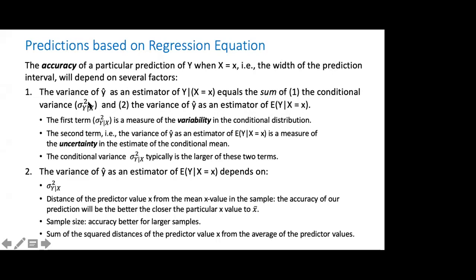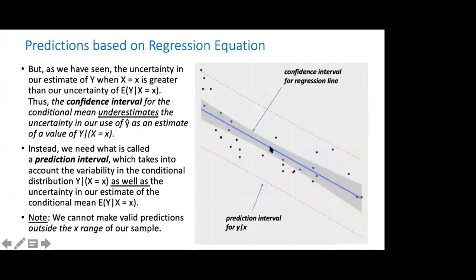So it depends on the variance of our conditional distribution and the variance of y hat as an estimator of the expected value of this distribution. Okay, so again, it's basically this uncertainty and this uncertainty here, right?